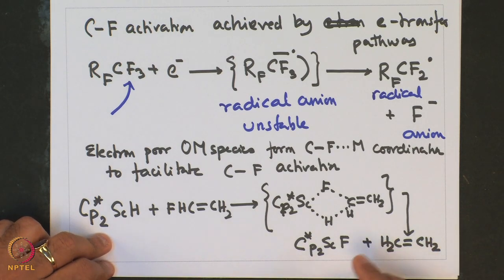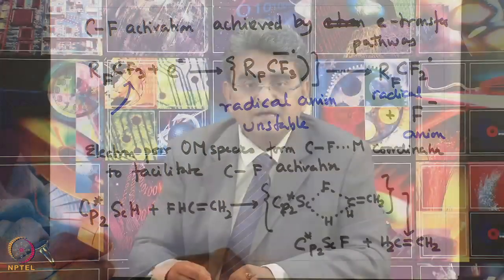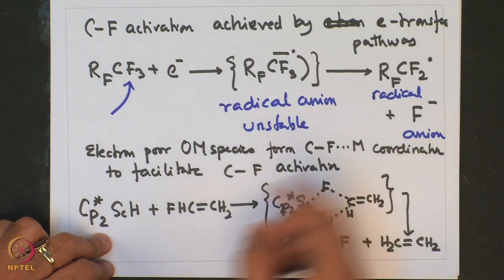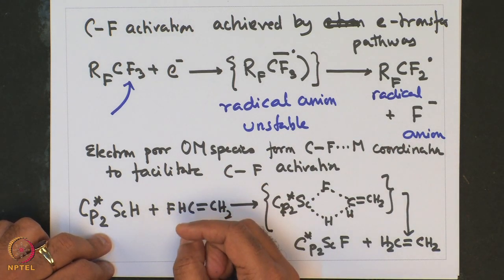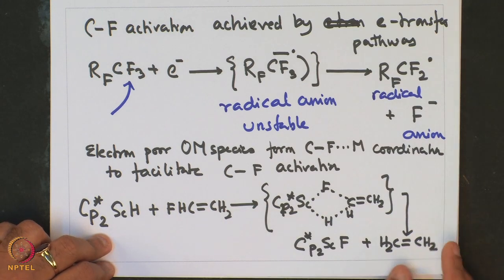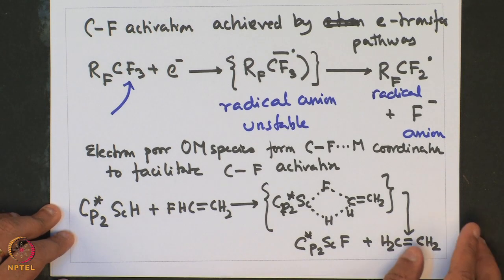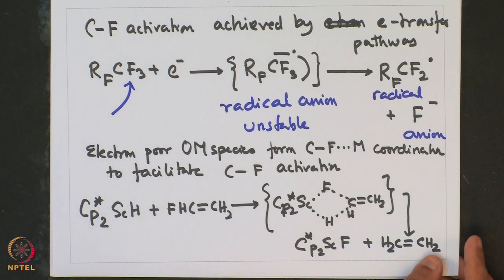So, reviewing the methods available for activating CF bond, what one sees is that the successful strategy involves either donation of electron resulting in an unstable radical anion species which thereby stabilizes by undergoing CF bond activation, or achieving CF bond activation by coordination with electron deficient transition metals, and this can also be achieved by increased reactivity of transition metal perfluoroalkyl moiety.